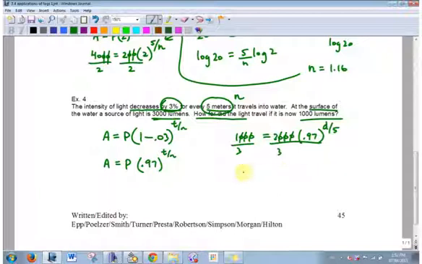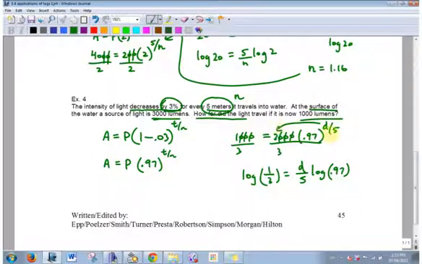Let's just leave it as 1/3, because I know that's going to be 0.333. Don't round it. Log of 1/3 is d over 5 times the log of 0.97. So take the log of both sides, throw that down in front, because it's an exponent. Solve that thing for d.